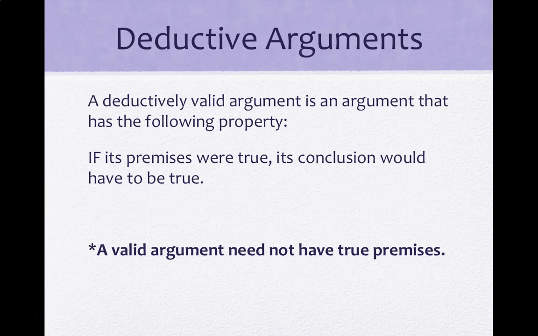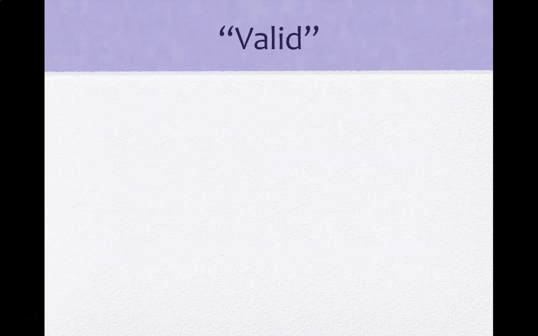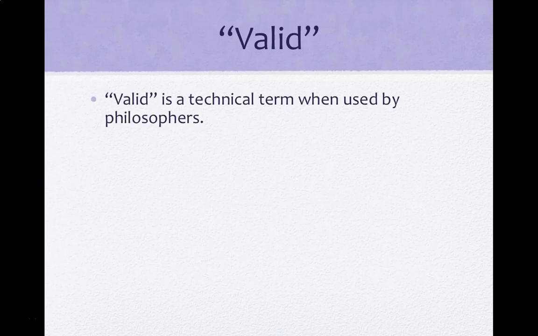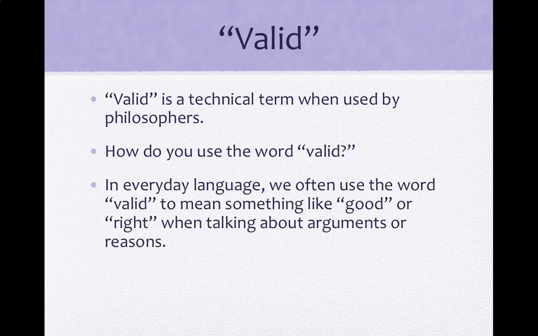But I'll talk about this a little bit more soon. Now, this word valid. Notice that valid is a technical term when it's used by philosophers. So I'm going to ask you now to think about how it is that you use the word valid in your daily talking.